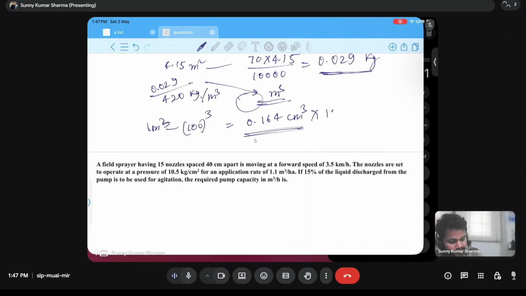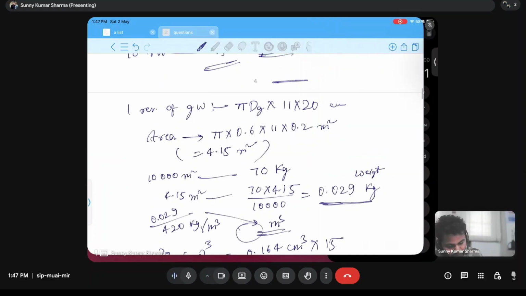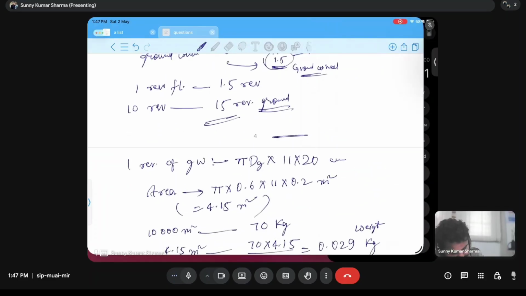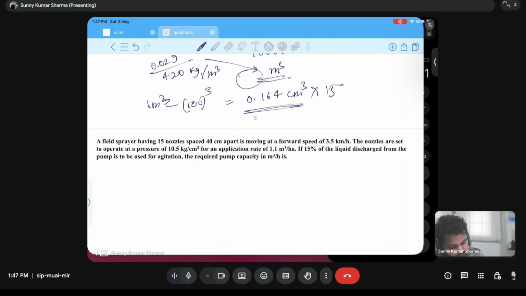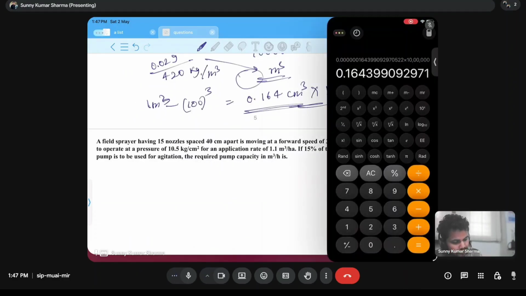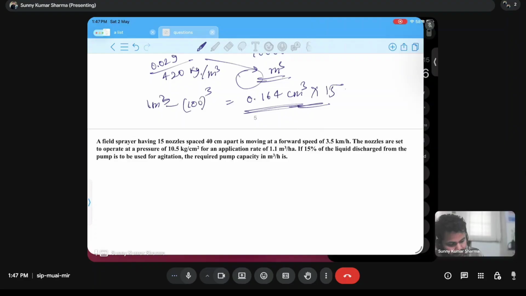So we multiply it by 15, since 10 revolution of fluted roller means 15 revolution of ground wheel, to get the value for 10 revolution of fluted roller. It becomes 2.46.